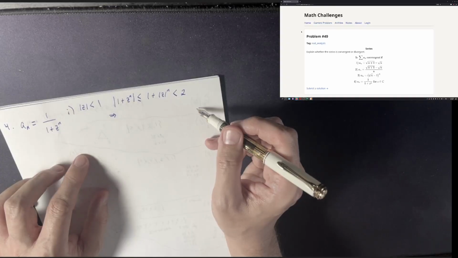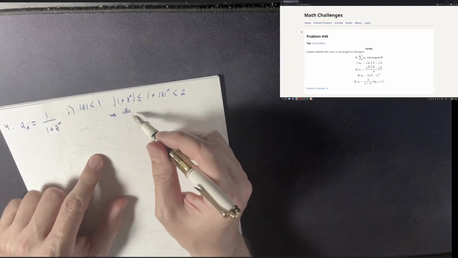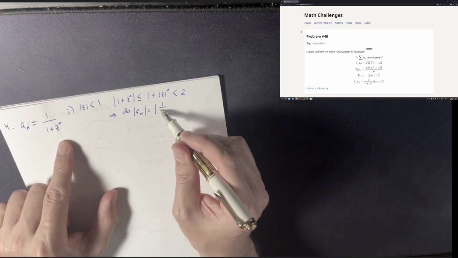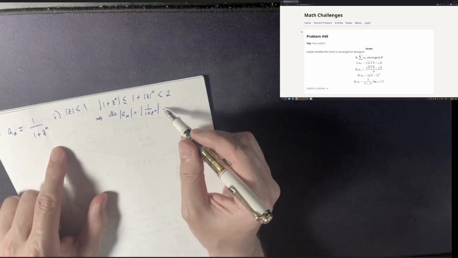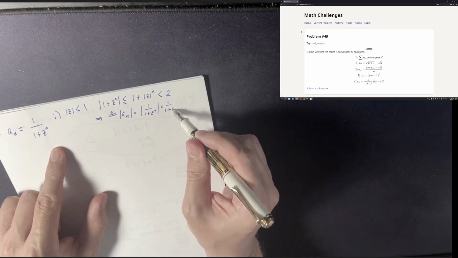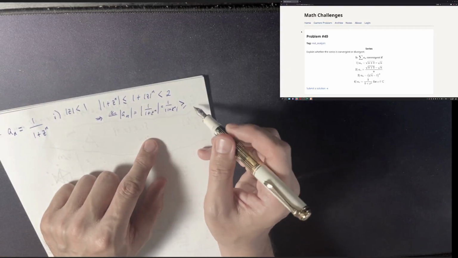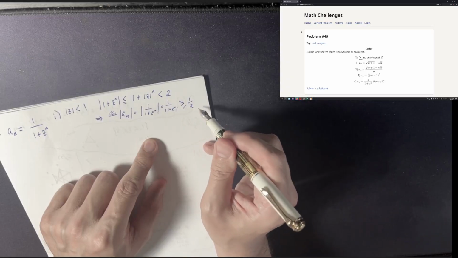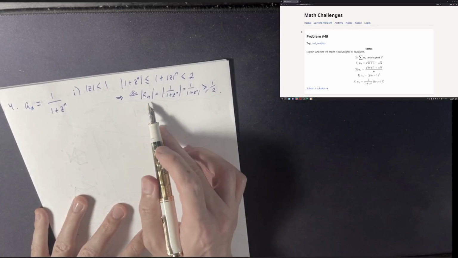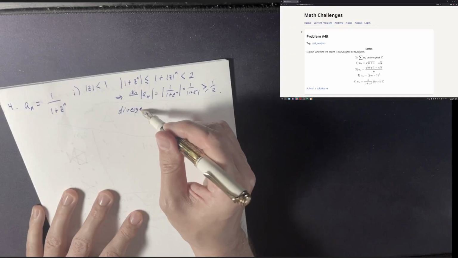Okay? So when you take the reciprocal, the magnitude of a_n is this, which is still this, right? Anyway, the reciprocal of this is greater than or equal to 1/2, is what I'm claiming. So your terms never get smaller than half. This is divergent in this case.